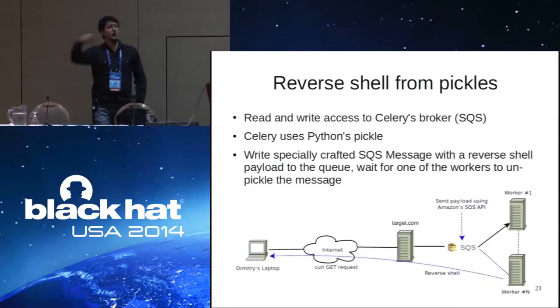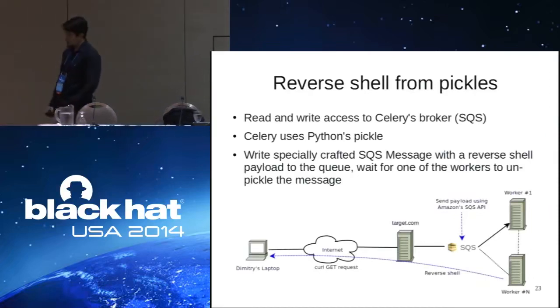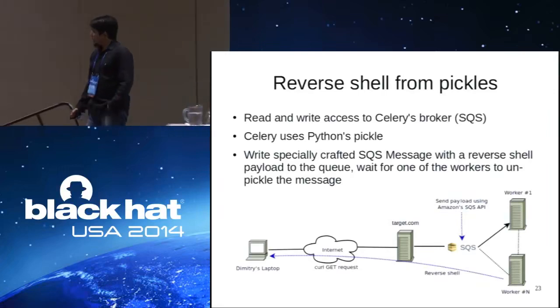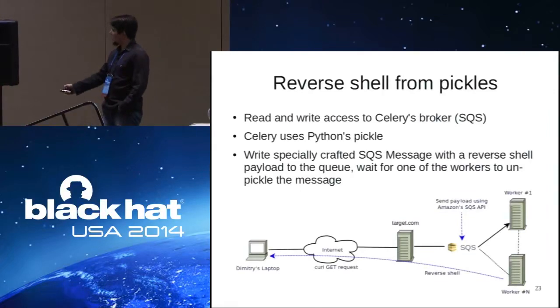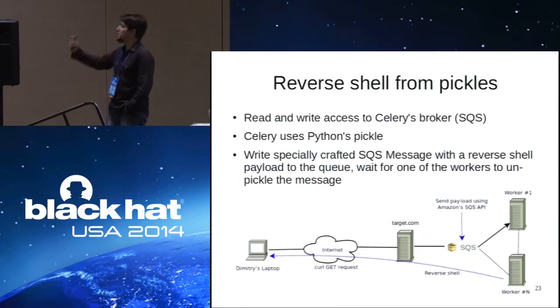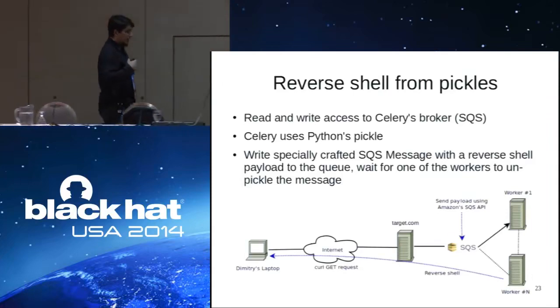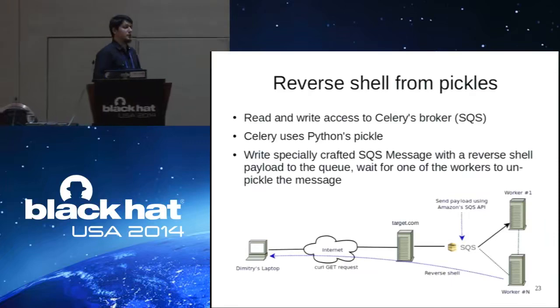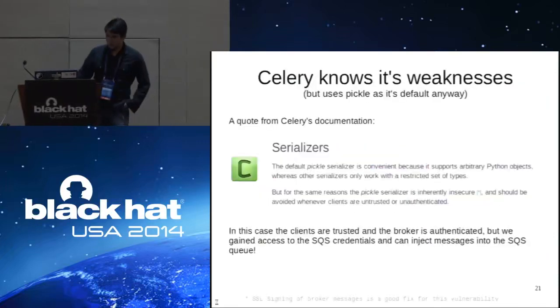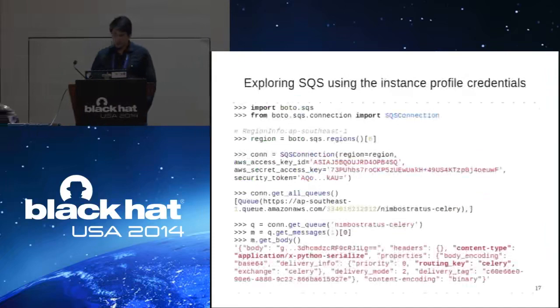So going back to our target system, we know that we can write things to the SQS queue. And we know that the workers are going to deserialize whatever we send to the SQS queue, because that's how Celery works. And we know that it's using pickle, because we saw it somewhere like there.